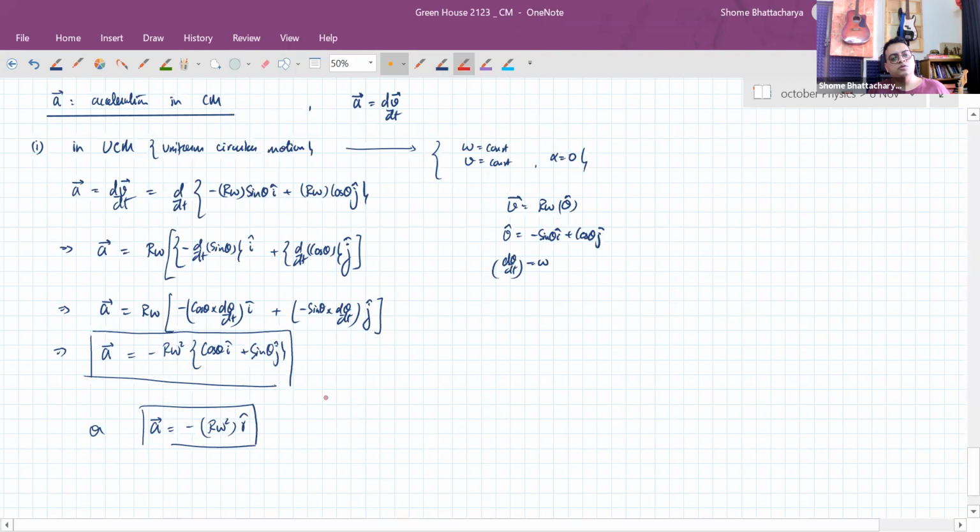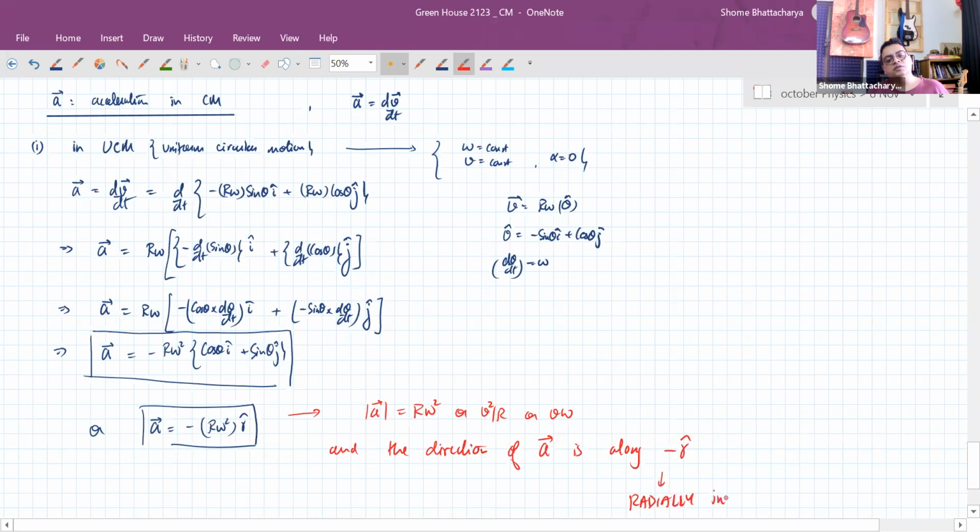so this tells us the important thing here, that minus r cap. So that is radially inwards.